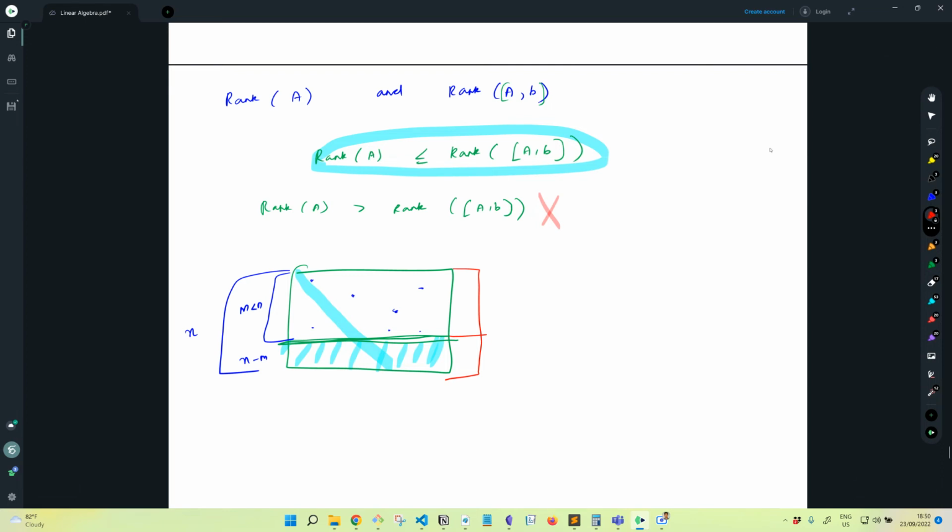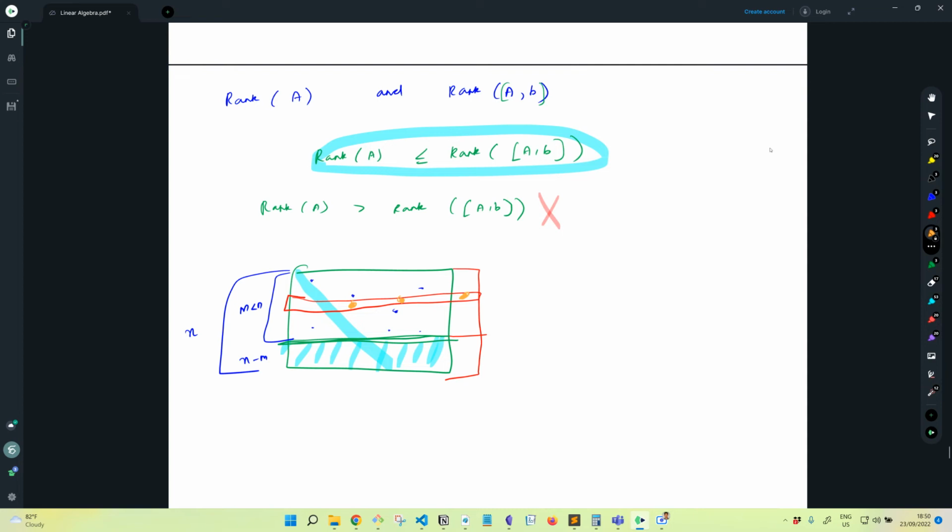Can somebody tell me, if I append, no matter whether it is a zero or non-zero, will any row in the top m rows all of a sudden become zero? No, right? Because this row is in the m part, since there was already some entry in A that is non-zero.